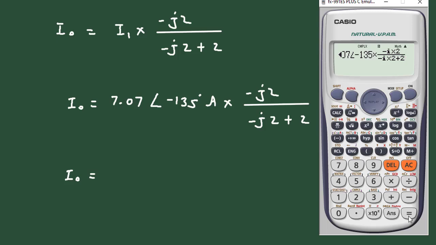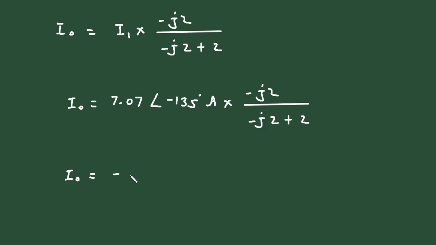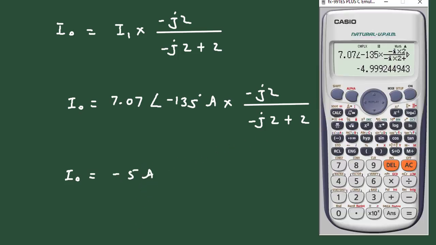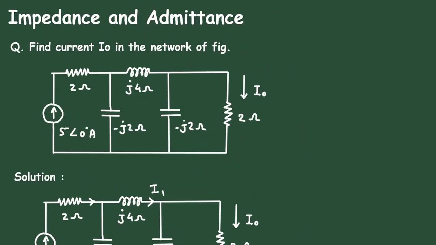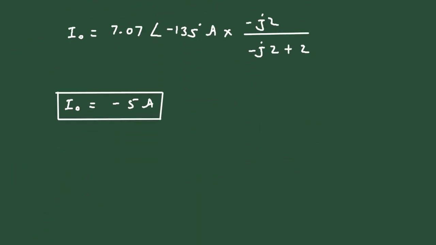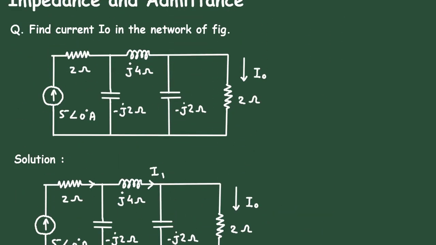So this is equal to minus 4.999, that is minus 5 ampere. We can write minus 5 ampere. So this is the final answer for Io. This is how we can find current Io by using the current division rule.